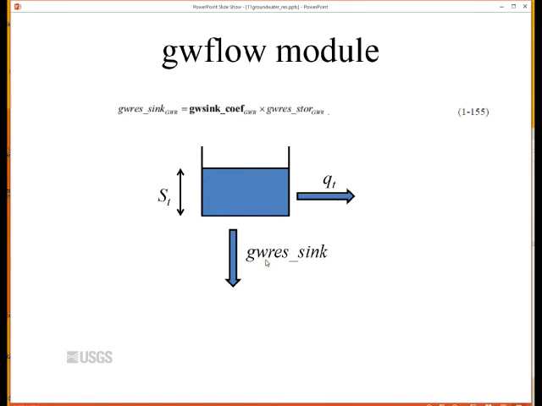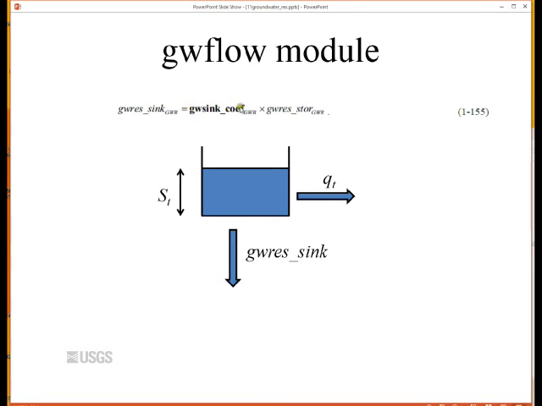Likewise, we've got a feature called the groundwater reservoir sink. This equation is essentially the same as the base flow, but there's a parameter, gwsink_coef.